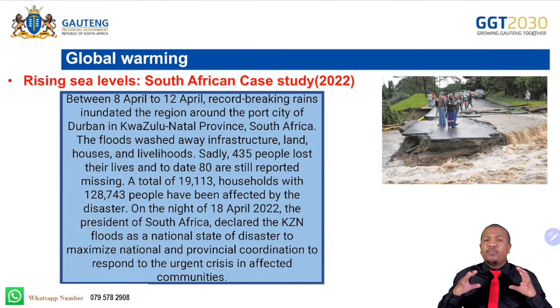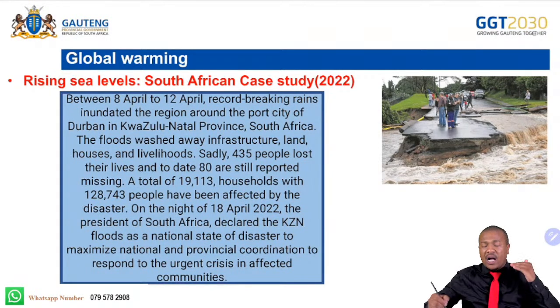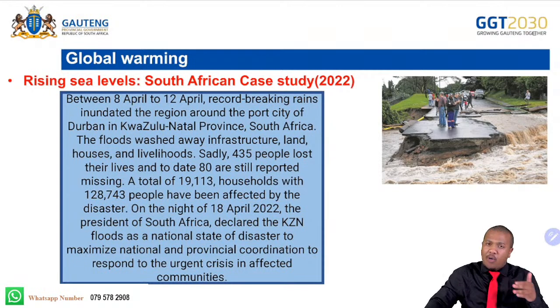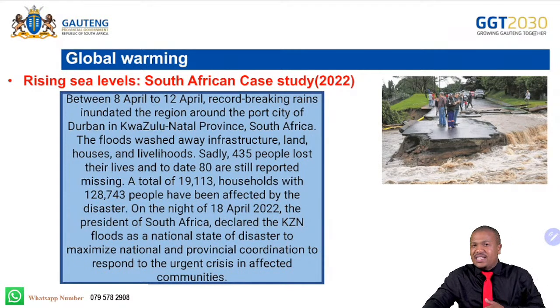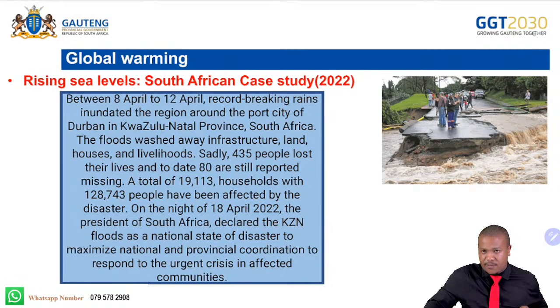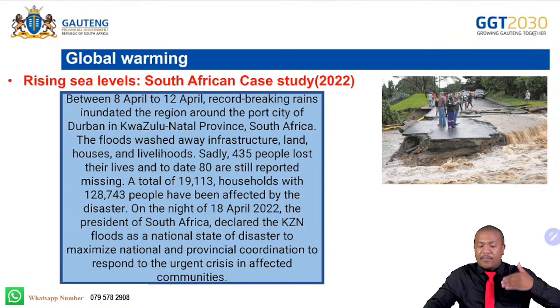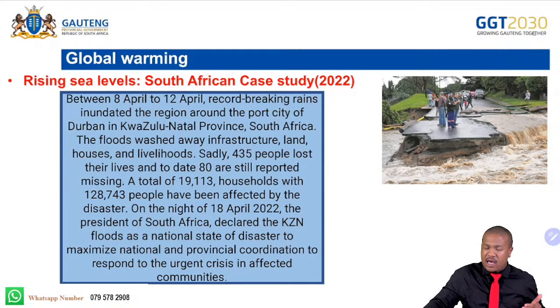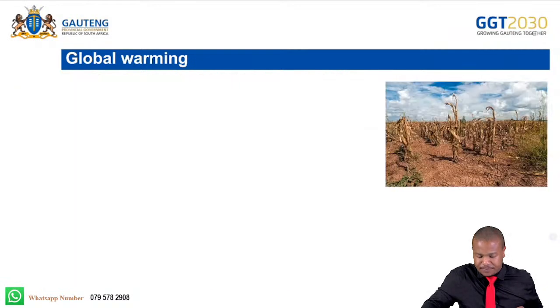This is all because of the increase in the greenhouse gases in our atmosphere, which leads to global warming, which in turn leads to rising sea levels and also climate change, right? So the more and more greenhouse gases that we're going to have, the more also the problems that we are going to encounter in terms of floods, right? Food shortages, and so on.